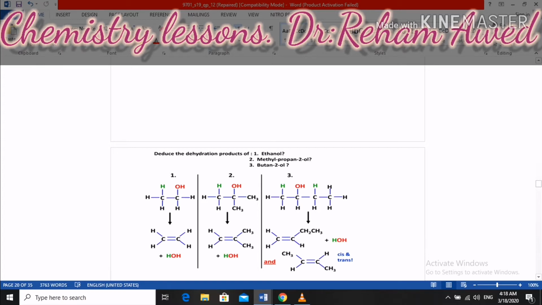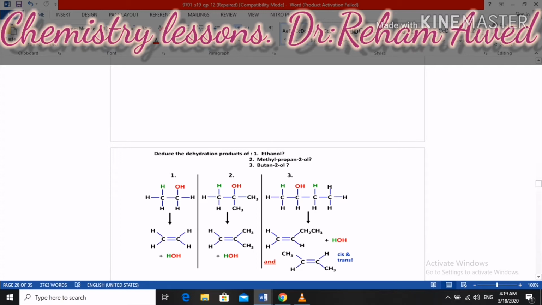In the third choice, butan-2-ol, when we remove one molecule of water, we have two choices. The first choice is to remove H and OH from the first side, so we have CH2=CH-CH2-CH3, its name is butene. The second choice is to remove OH and H from the other side, and we will have CH3-CH=CH-CH3, but-2-ene.